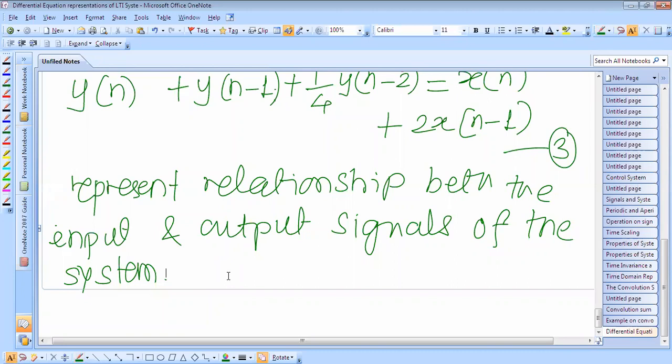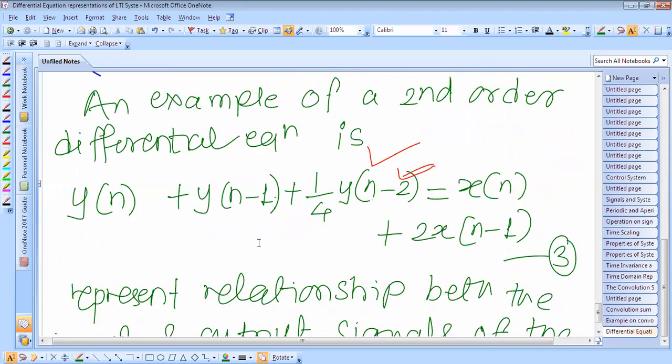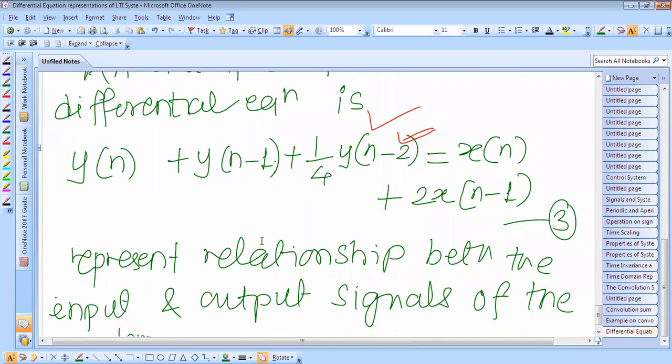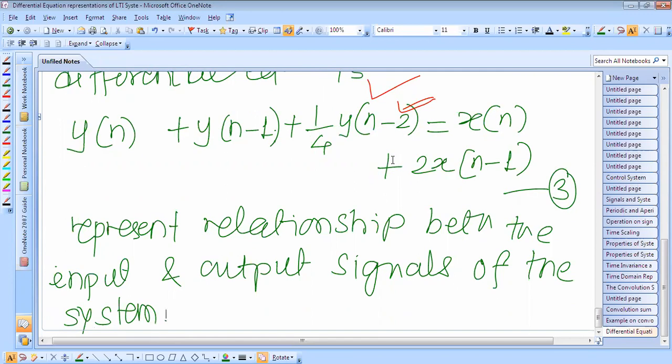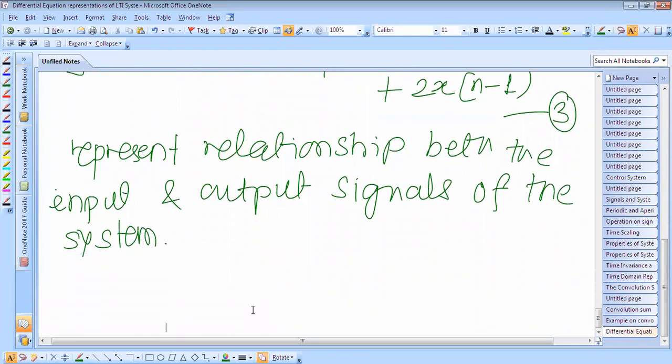Sorry, we have now considered a separate system. So this is a second order equation given by equation 3, and it represents the relationship between input and output. Input is x of n and output is y of n. This is a second order equation because one term involves y of n minus 2, and this 2 means your system is a second order system.